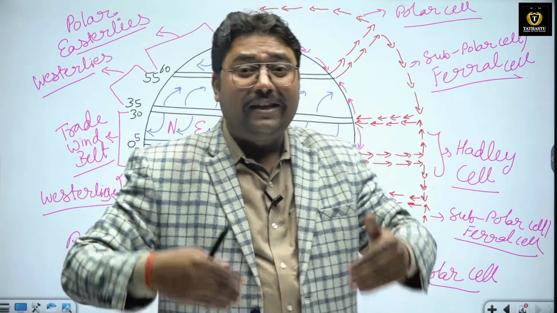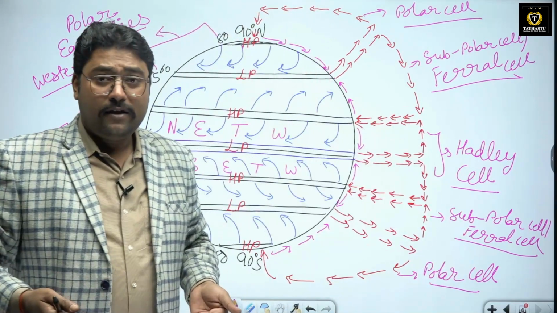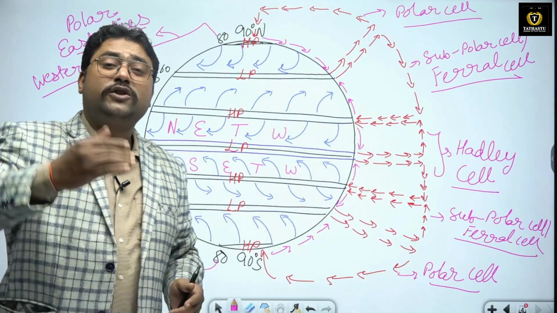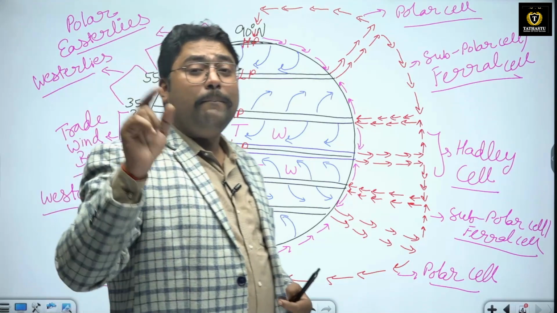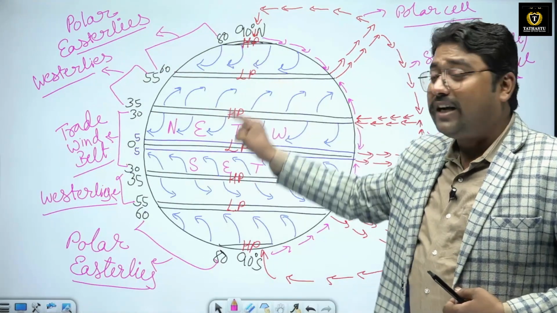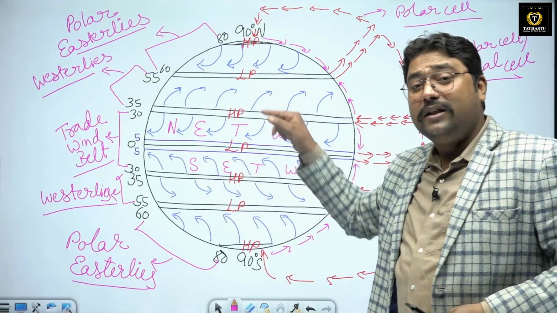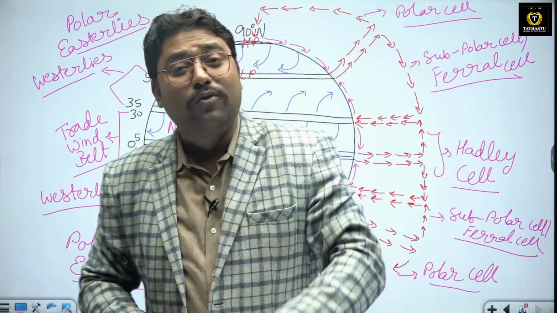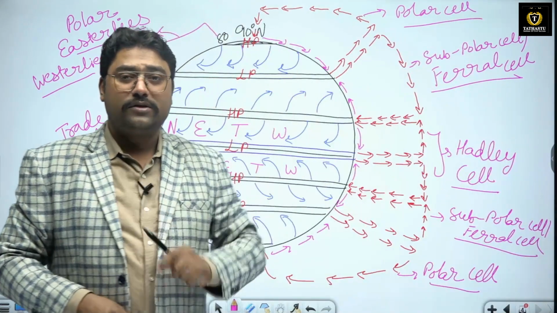So to prevent the ship from sinking, they used to throw the horses into the sea, and due to throwing of horses in the sea, 30-35 degree latitudes in both hemispheres are known as horse latitudes.